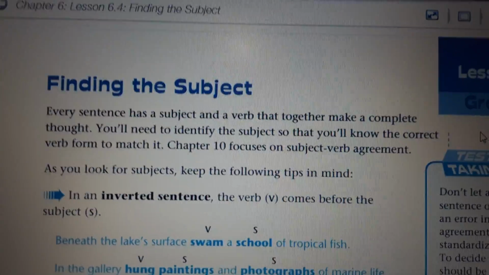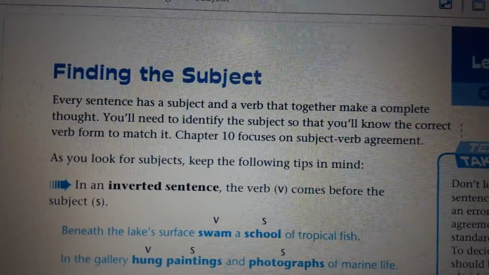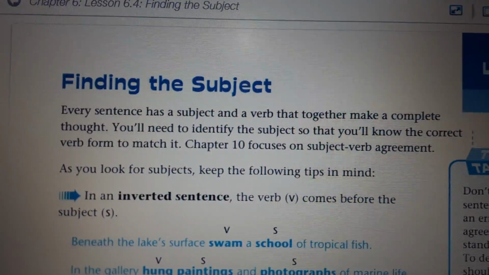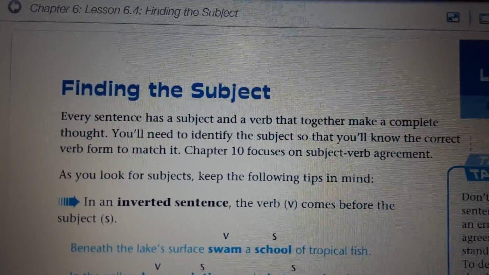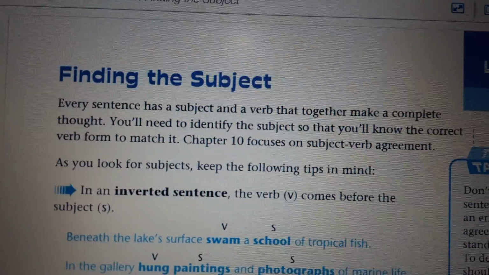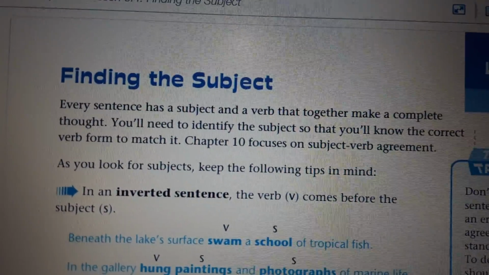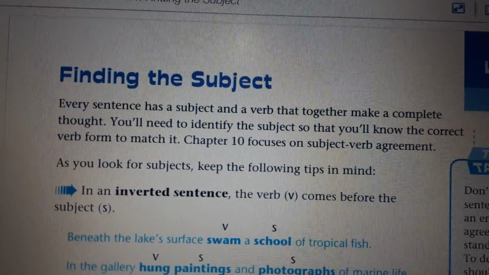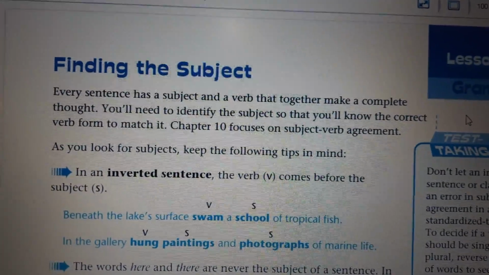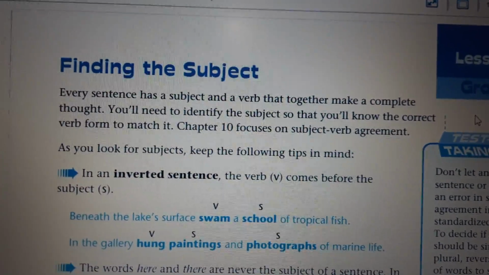So you cannot write a sentence without a subject, okay? And you cannot write a sentence without a verb. You need a subject and a verb to have a complete thought. You'll need to identify the subjects so that you'll know the correct verb form to match it.